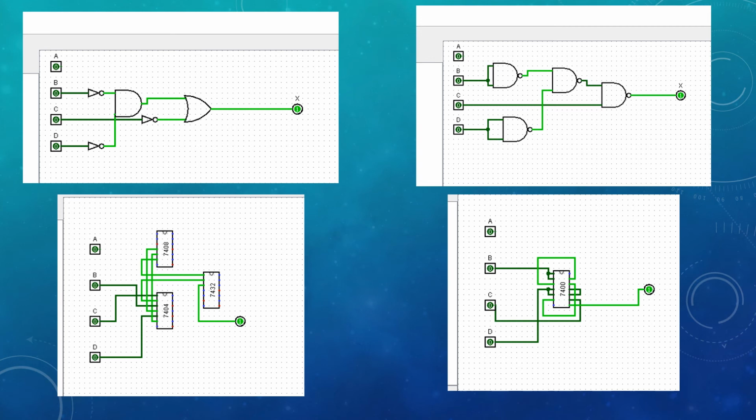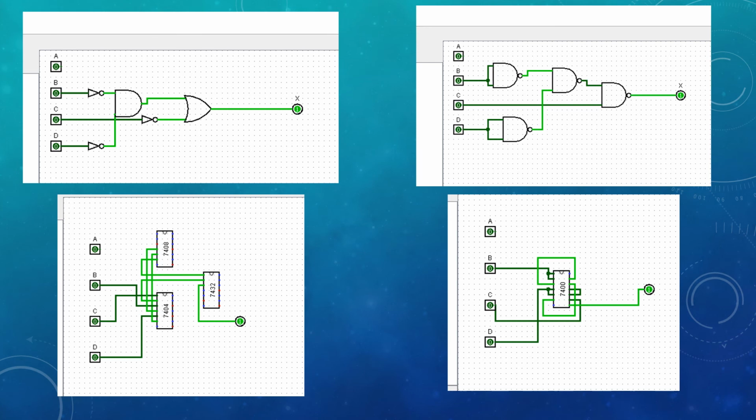We see below, on the bottom left, that it requires 3 7400 parts in order to create that circuit. However, if we look up at the top right, it's the same circuit just implemented with only NAND gates. If we look below that, we can see that this only requires 1 7400 part.